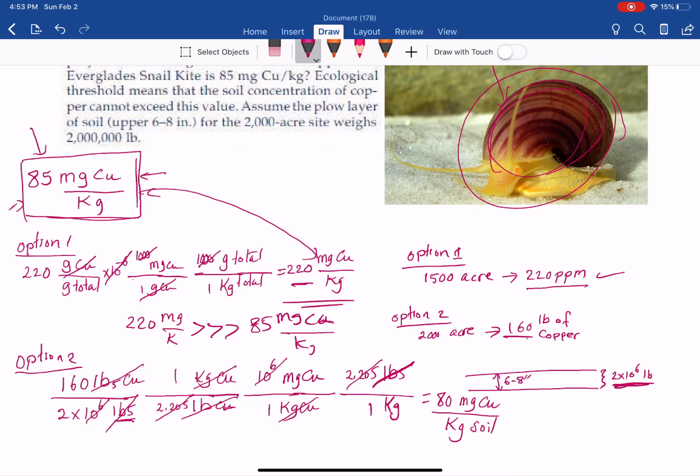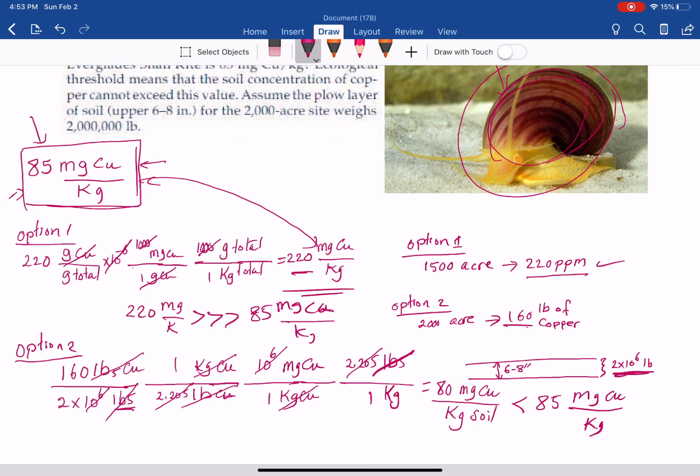Now, this is lower than the regulation guideline in milligrams copper per kilogram. So our recommendation should be the following: the engineer should select option 2, which is the 2,000 acre site.